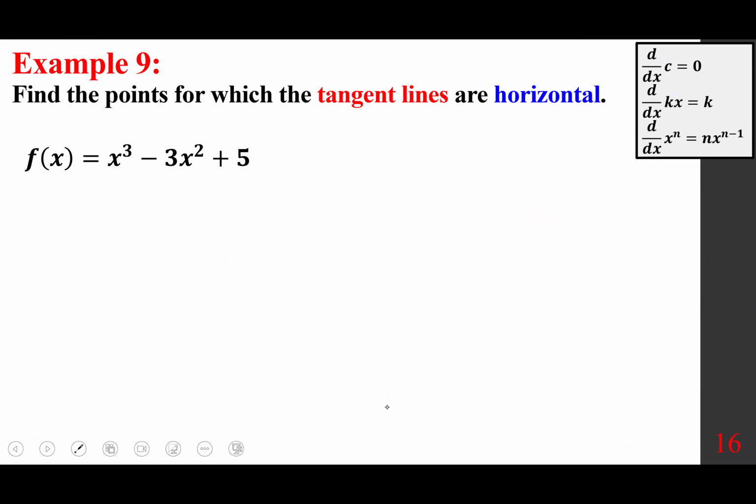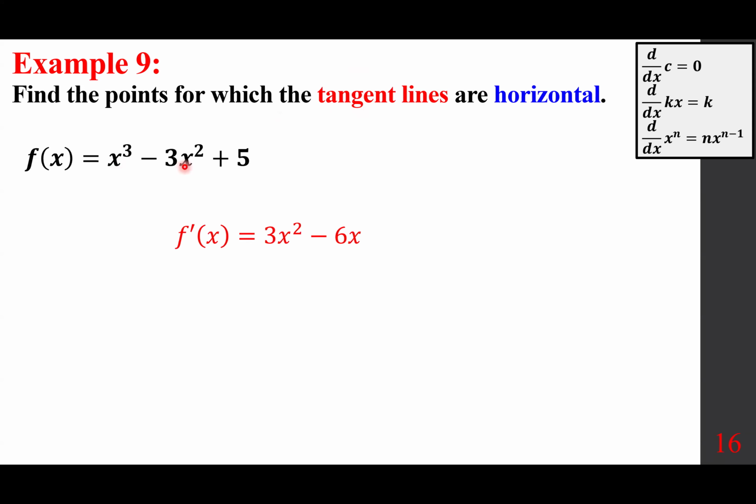Find the points for which the tangent lines are horizontal. So we have two things here, tangent lines and then horizontal. In order to get to the slope of tangent lines, we have to differentiate. So if I differentiate, f prime of x becomes 3x squared minus 6x.